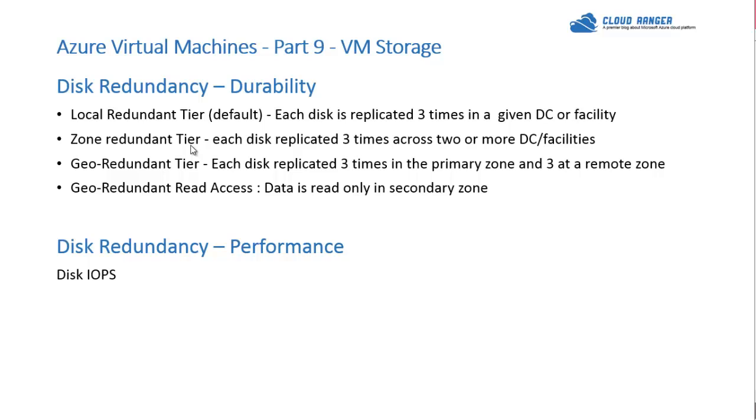Now, the next one is the geo-redundant tier, and chances are this is what you might use in production most of the time, because it happens to be the safest, and I'll explain in a bit why. Each disk is replicated 3 times in the primary zone as well as 3 times in a remote zone.